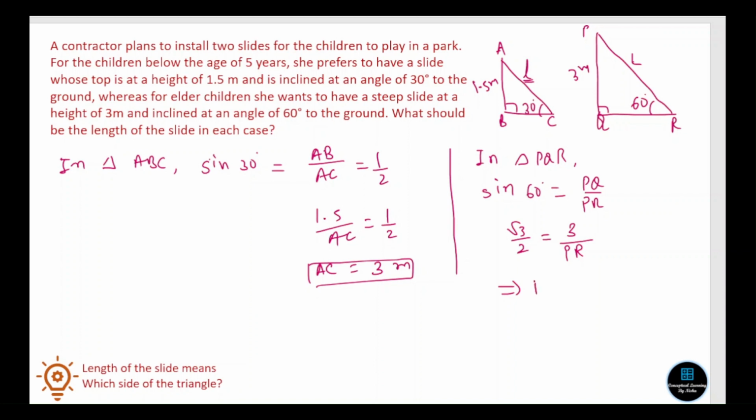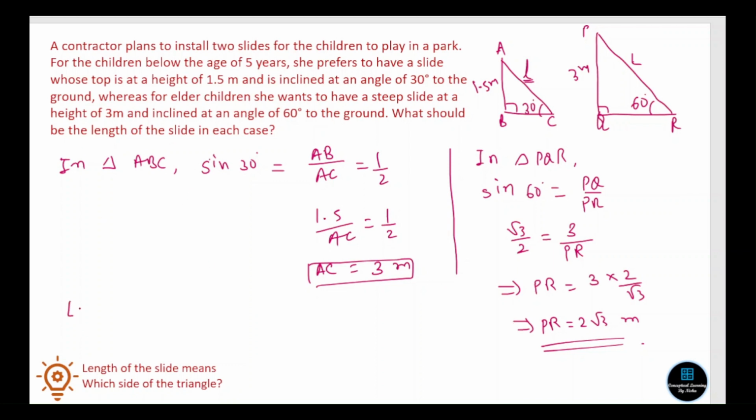By solving this, we get PR is equal to 3 into 2 upon root 3, and on solving this, PR is equal to 2 square root of 3 meter. Here they have not given the value of square root of 3. If given, you can find the value of PR. So write your final answer.